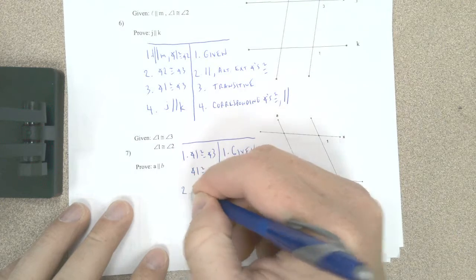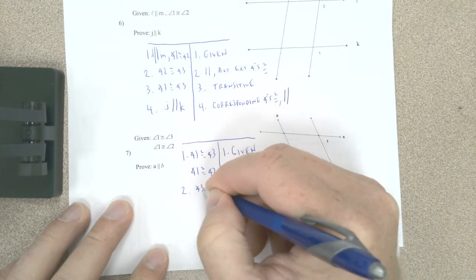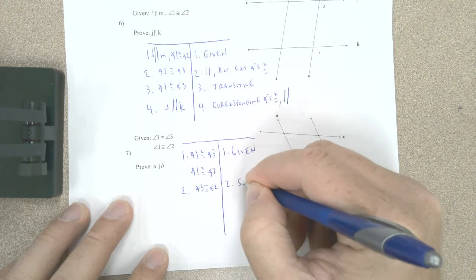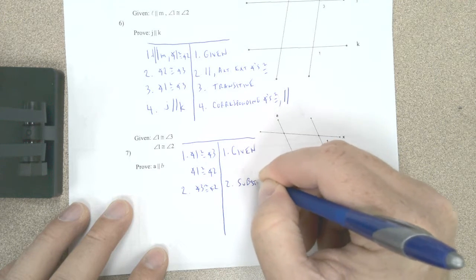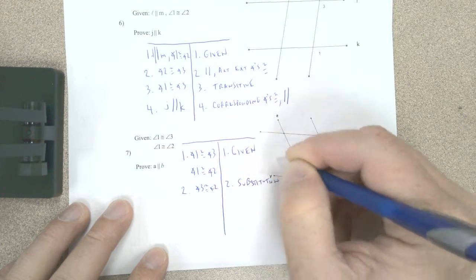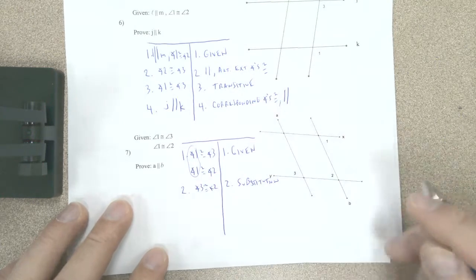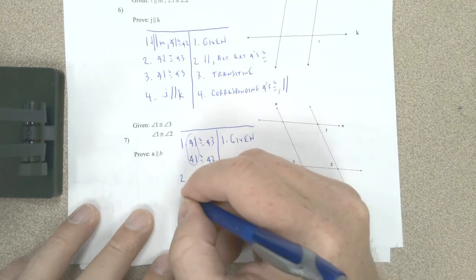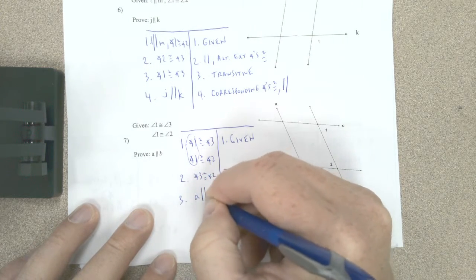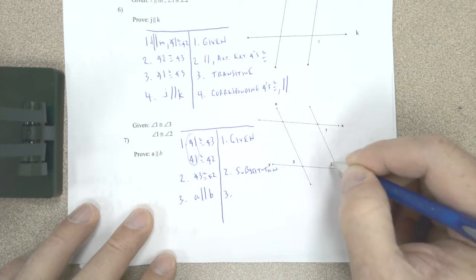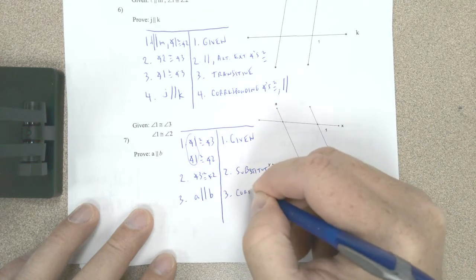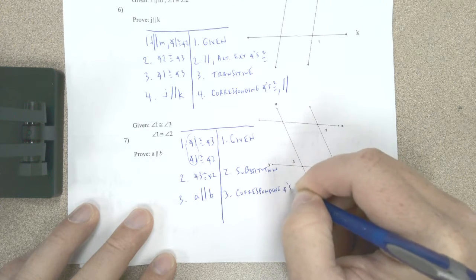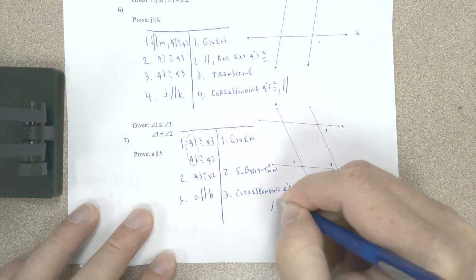Well, in this first given, I can say that 3 is congruent to 2, and that's going to be substitution. And notice that the 1s are lined up there. And now if I know 3 and 2 are congruent, I can say that A is parallel to B, and that is if corresponding angles are congruent, then the lines are parallel.